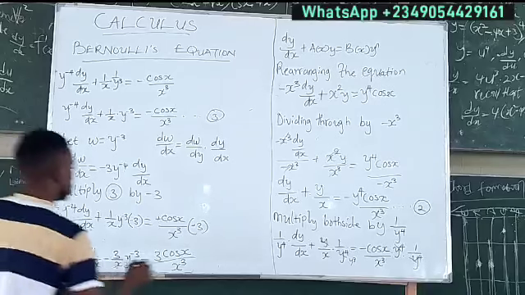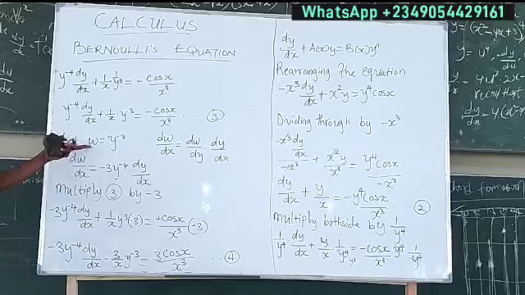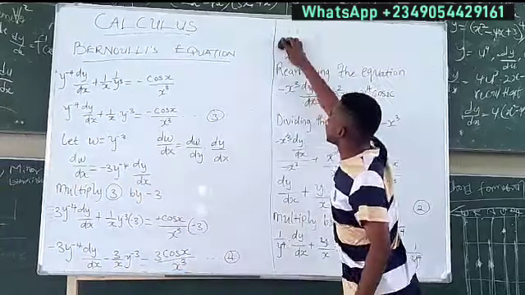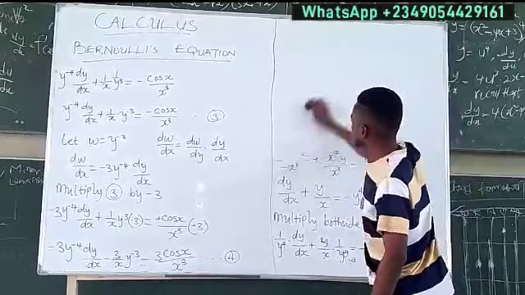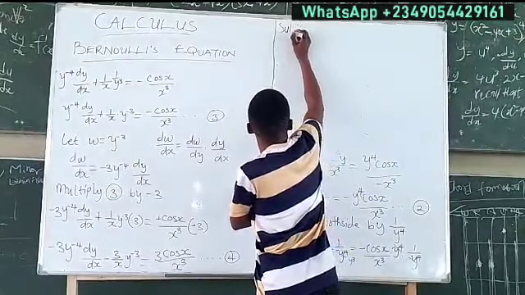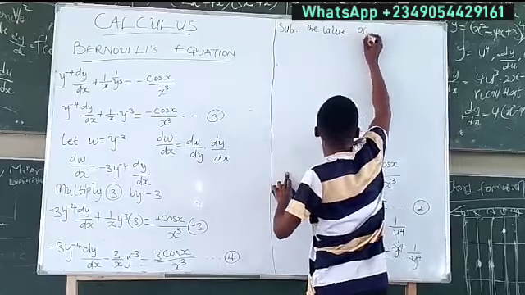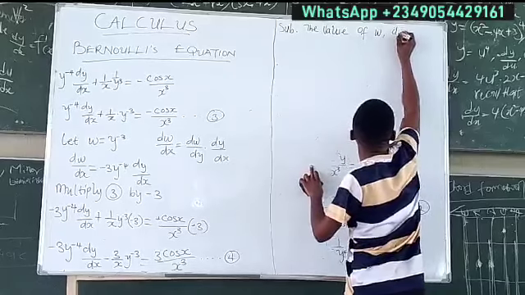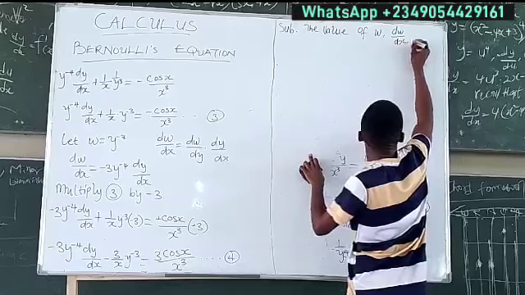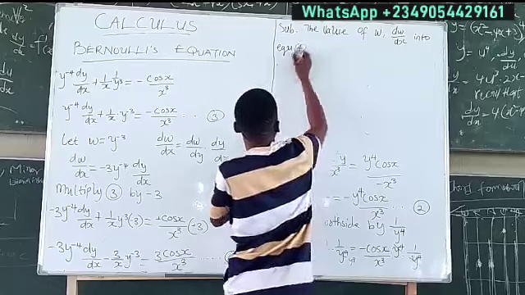Okay, let's call this equation 4. So now we can substitute our w and dw all over dx into equation 4.